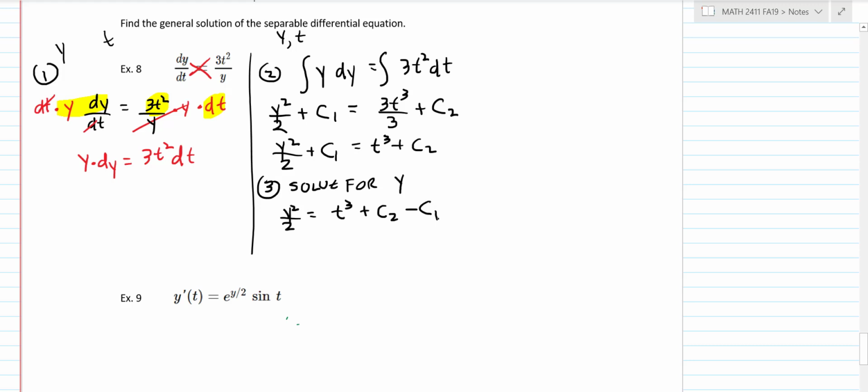Okay, like that. Now I'm going to absorb these constants. Instead of having more than one constant, the idea is, if you knew what c2 and c1 were, you would just subtract them and get one answer anyway.